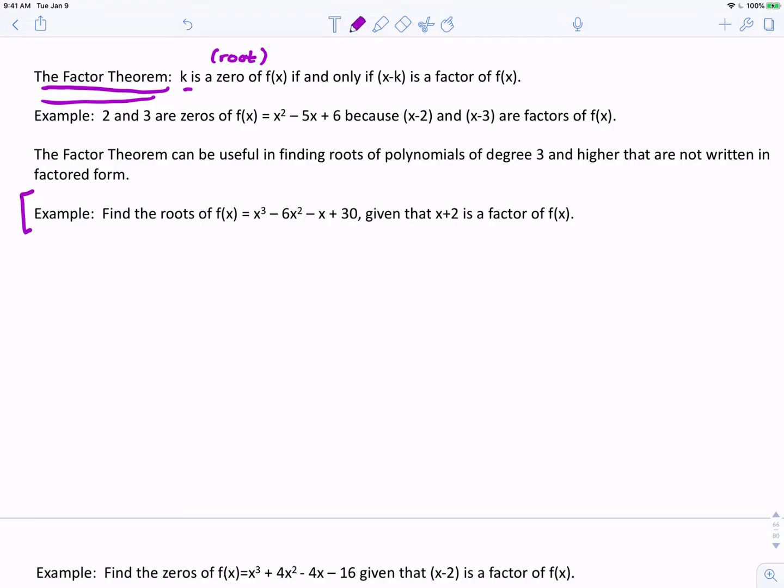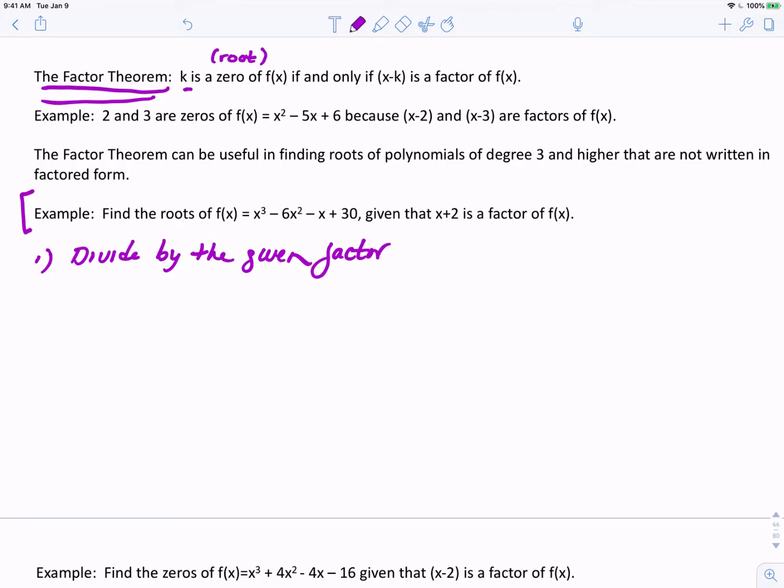So the first thing we're going to do is divide by the given factor. The reason we're going to divide by the given factor is so that we can find a quadratic equation that we can then solve to find the other factors.